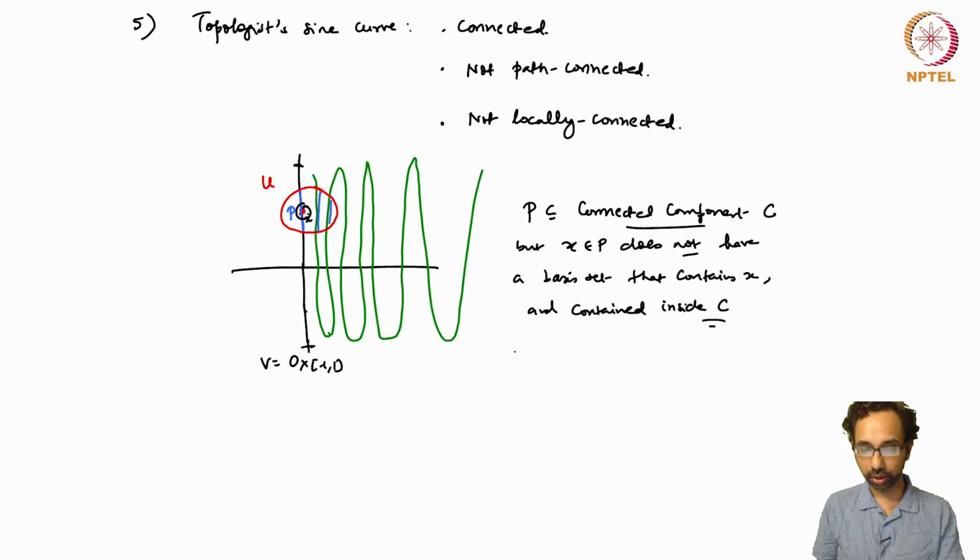So it is not locally connected by our characterization of locally connected spaces, in which every open set had all its connected components open. Similarly, it is not locally path connected either.